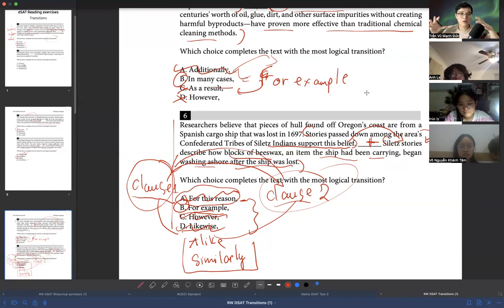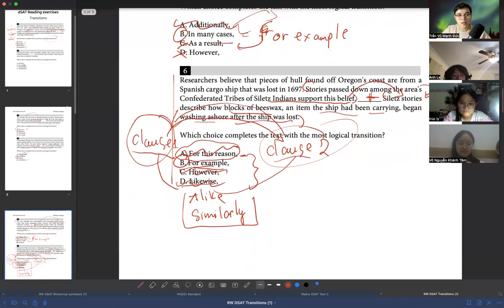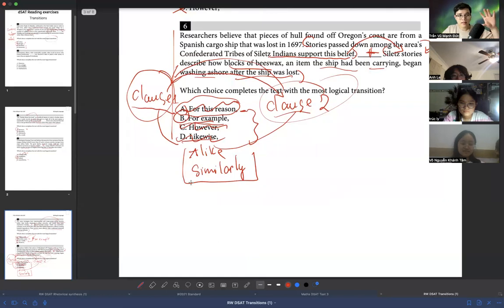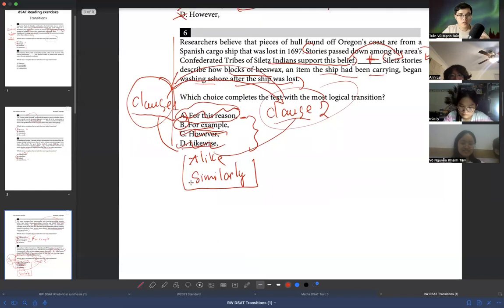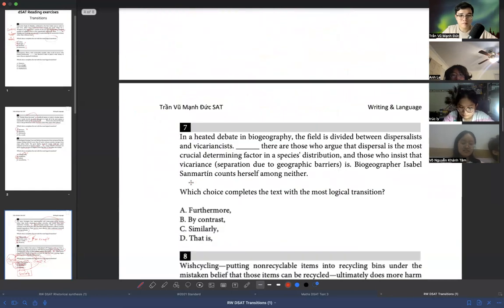It means that you narrow down and give specific instances about how it supports the previous sentence. So "for example" means it is giving a specific instance in which it supports this belief. It's quite difficult to understand at first, but just rewatch this part as many times as you like. Just remember to understand the slightly different shades of meaning between these transitions, all right?